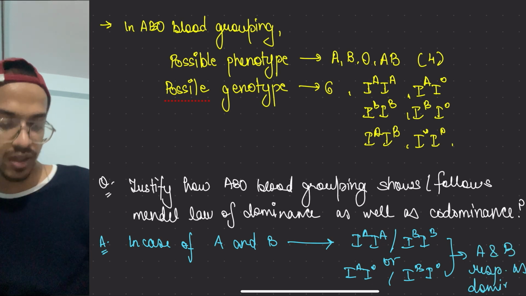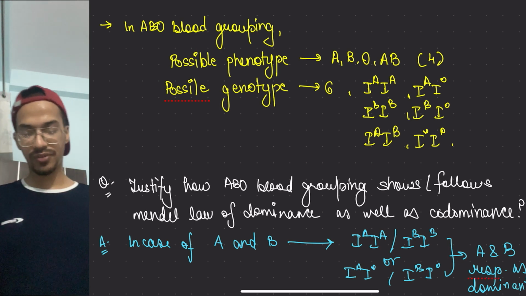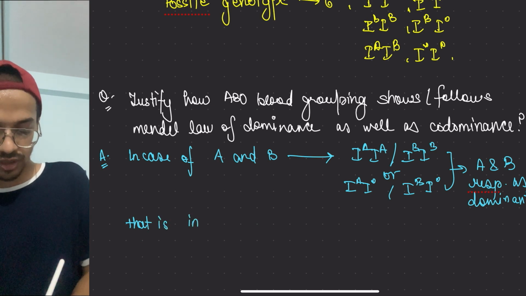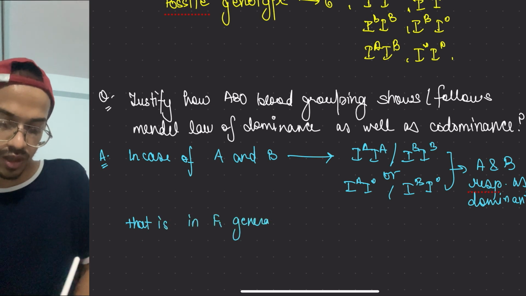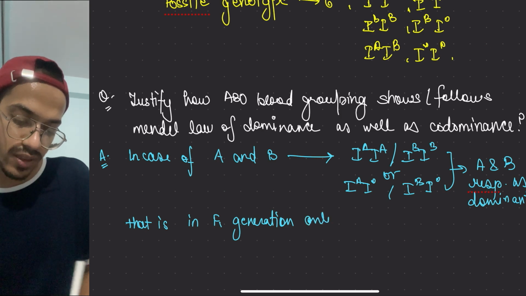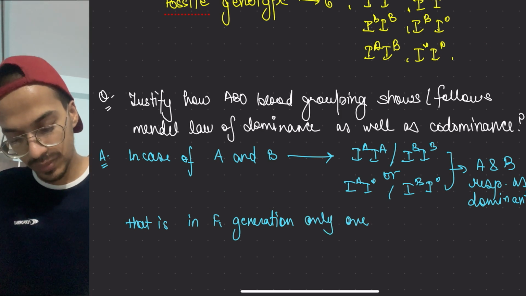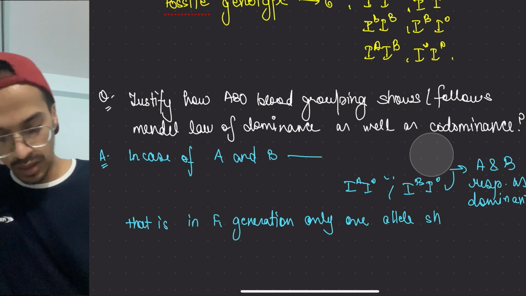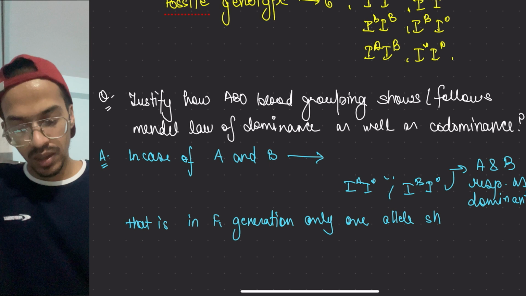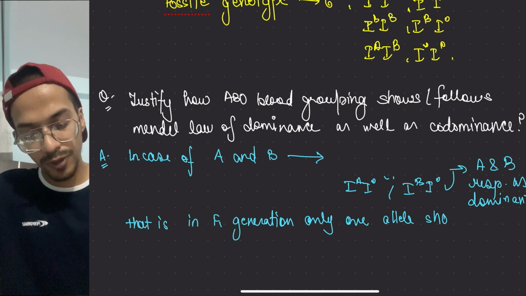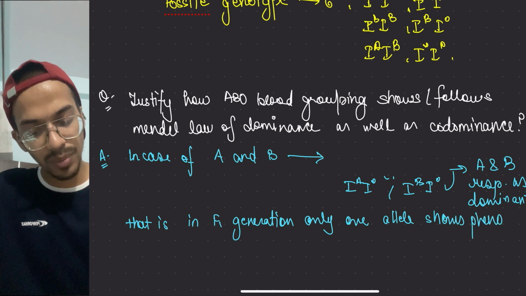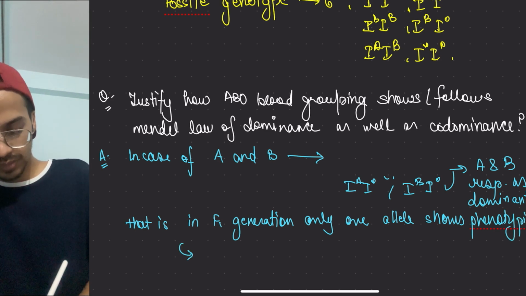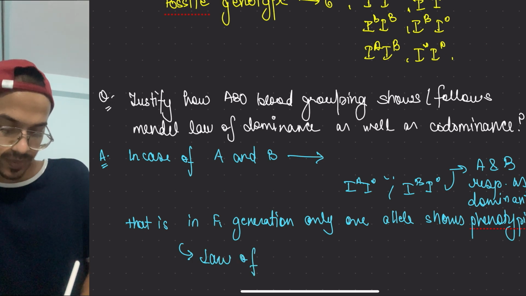Means you will express that in the F1 generation only one allele shows its effect, that is, only one allele expresses phenotypically. So it is the law of dominance.